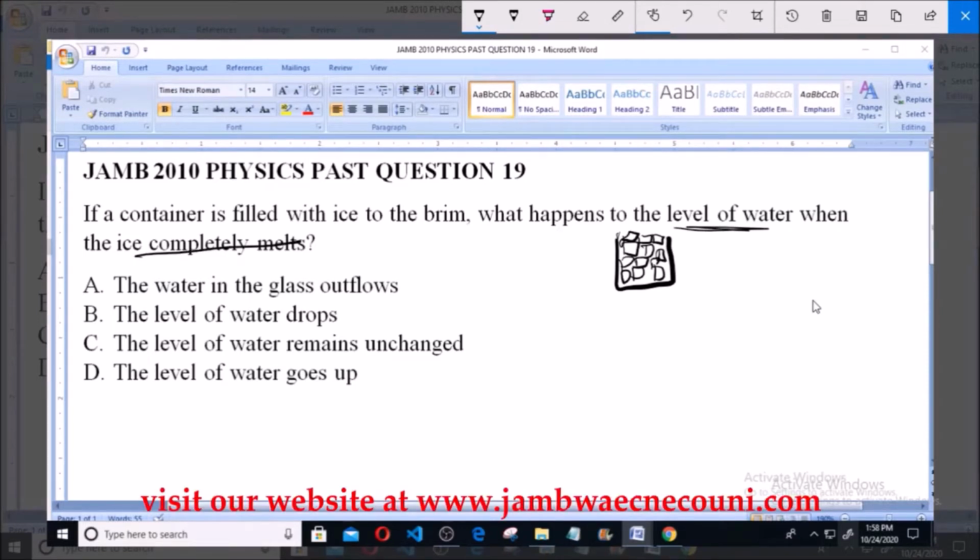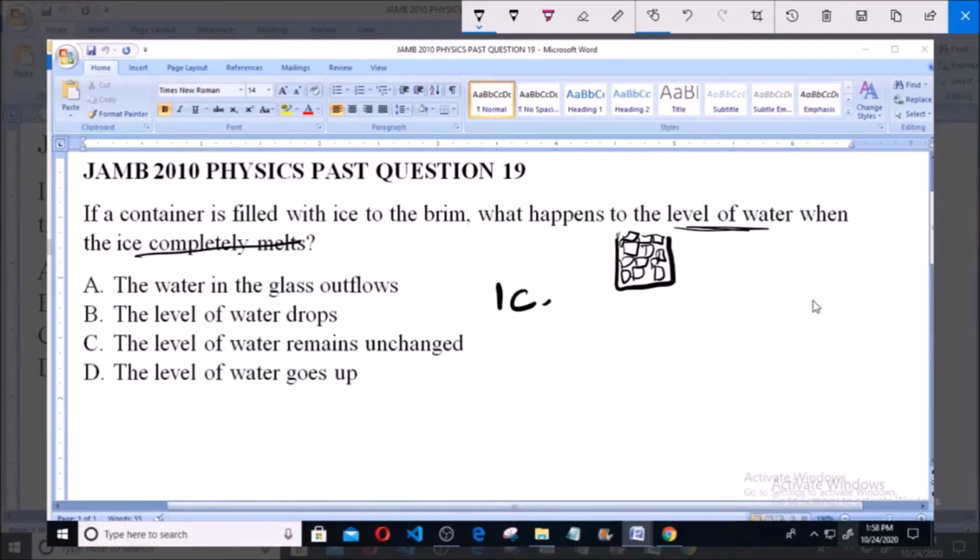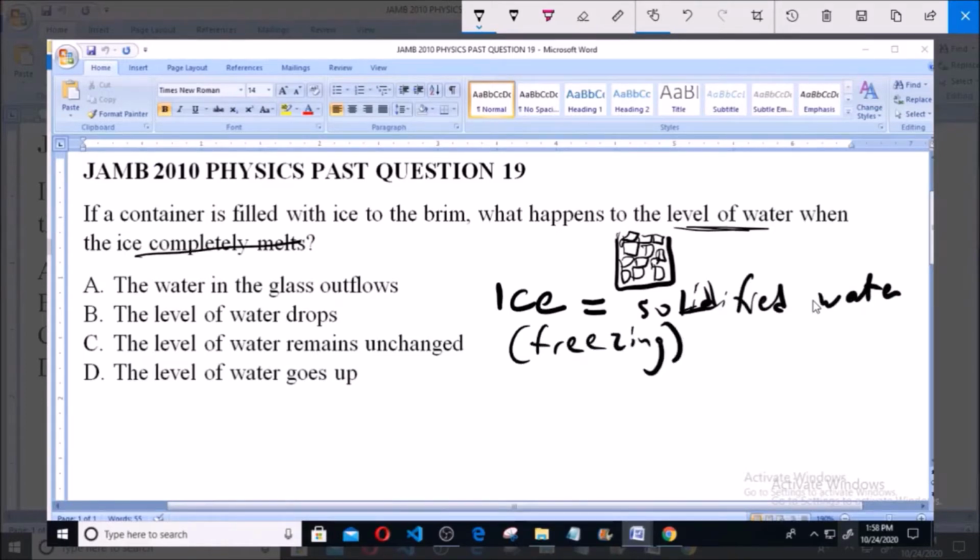Basically, to answer this question, we need to know what ice is made up of. Now generally we define ice as solidified water, water that has been solidified by the process of freezing. So solidified water, or some will say frozen water.